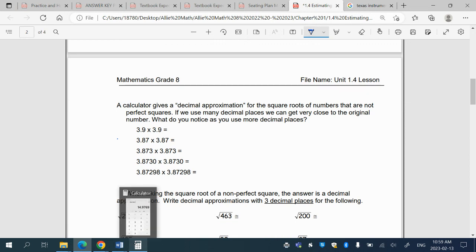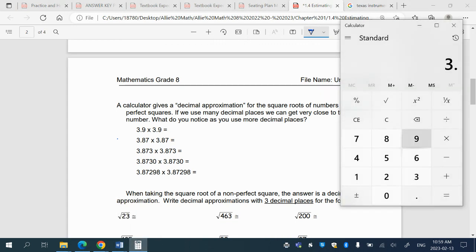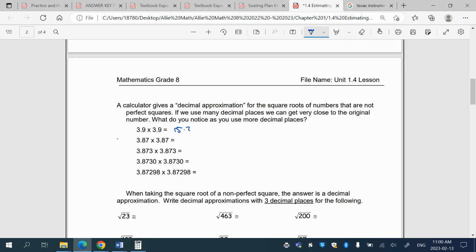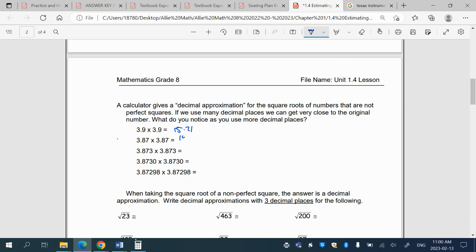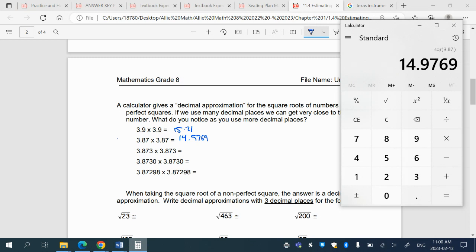So let's try this out. 3.9 times 3.9. So we can just do 3.9 squared, 15.21. Now let's get a little bit more specific. 3.87 squared, 14.9769.